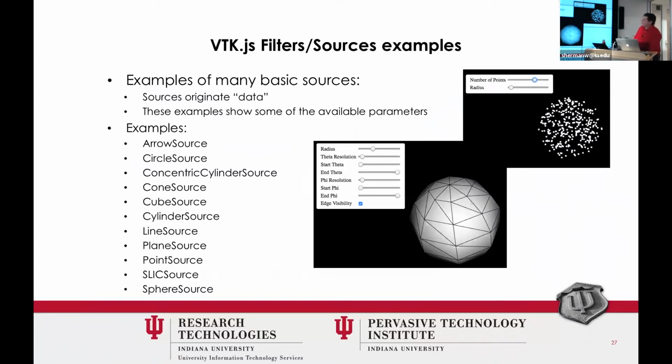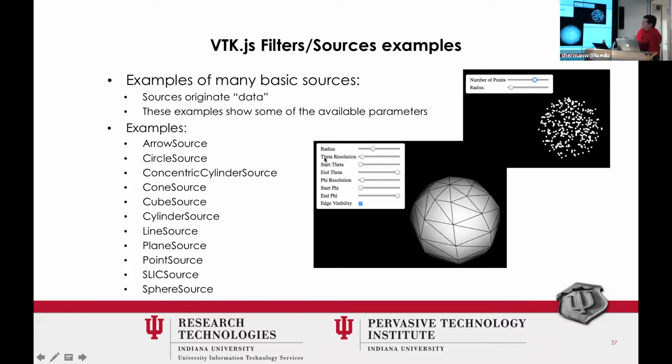Right, so there's a whole list of filter sources, which I'm highlighting mainly because the thing that makes it interesting for me is that it shows you most of the top options that you have with that source. So we have a sphere source. I showed you that you can change the theta resolution and the phi resolution, and you can change the radius.